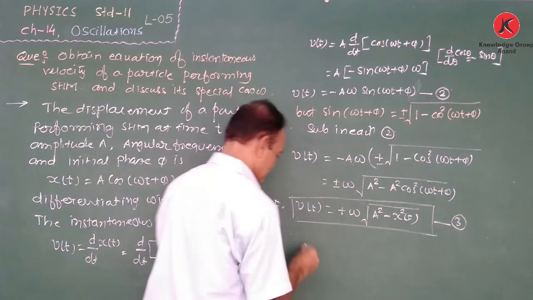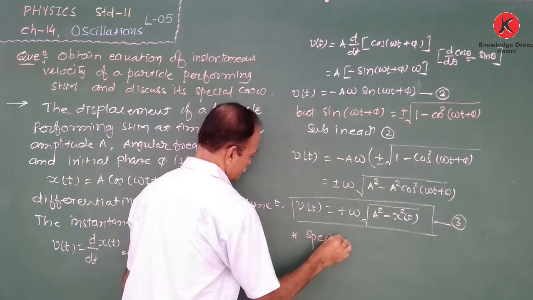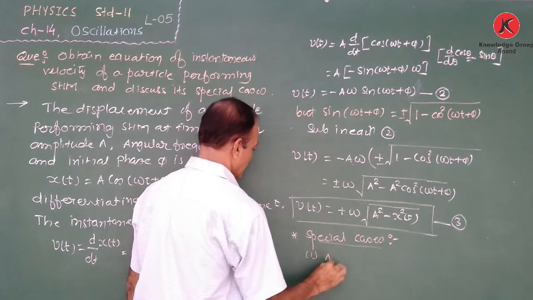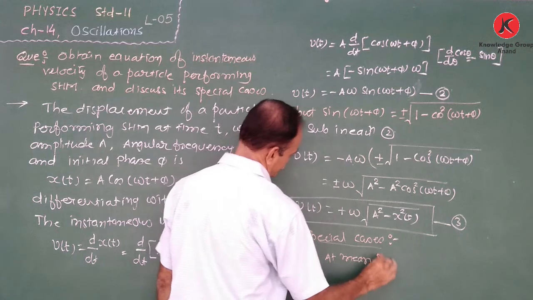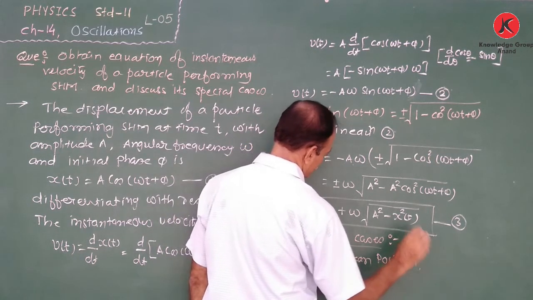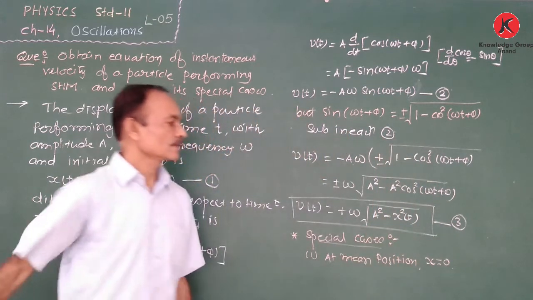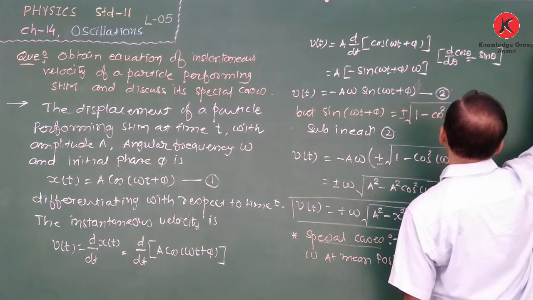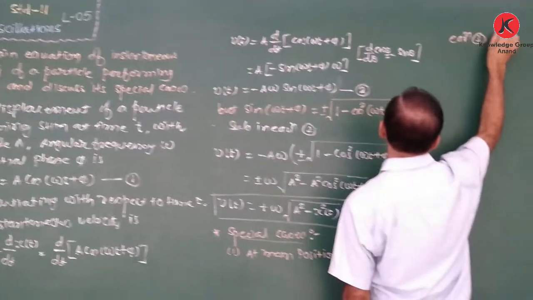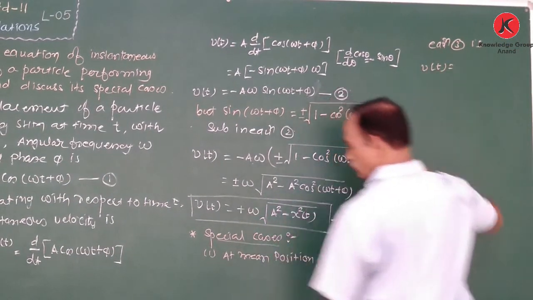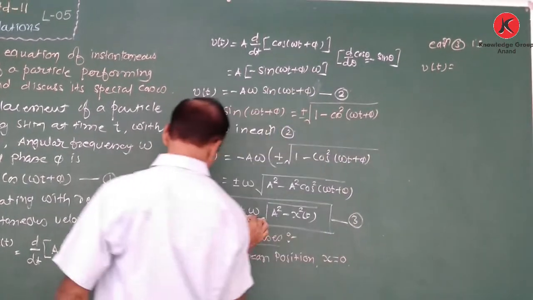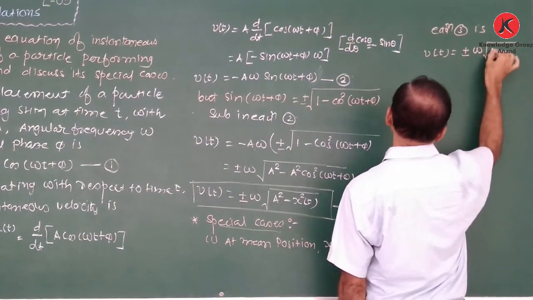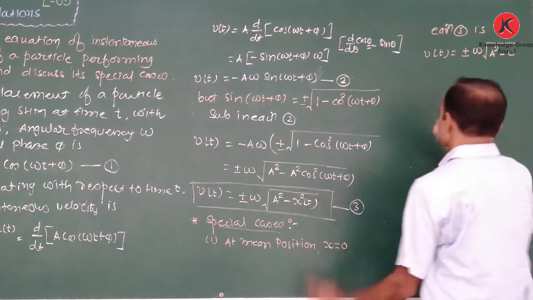Now its special cases. First, at the mean position, that means x is equal to 0. At the mean position, substitute x equal to 0 in equation 3. Therefore, velocity v is equal to plus or minus omega times the square root of A square minus 0, since x is equal to 0.